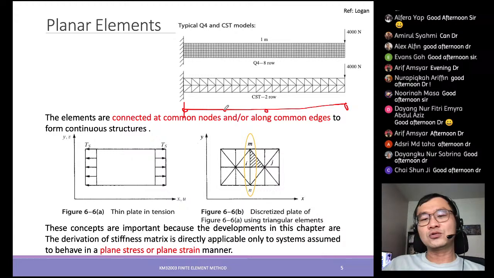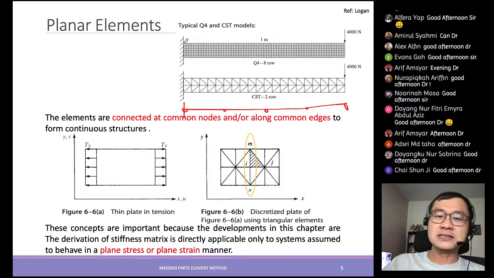Okay, so we can represent that as a single so-called beam, a single one-dimensional beam. But now we will try to expand, where we also consider the shapes along this vertical direction, for example. So you can see that this is a rectangular or a Q4 type of element, whereas this is a very obvious triangle element, the CST type of element.